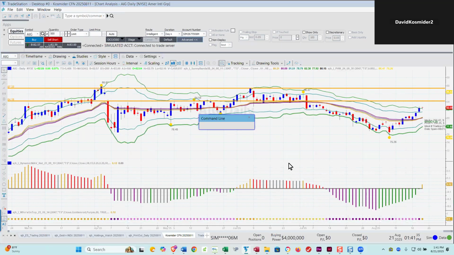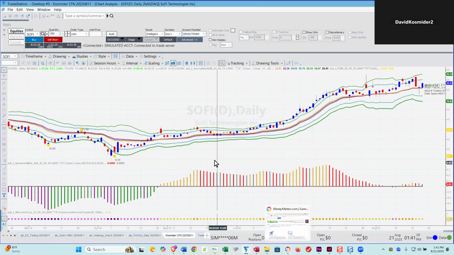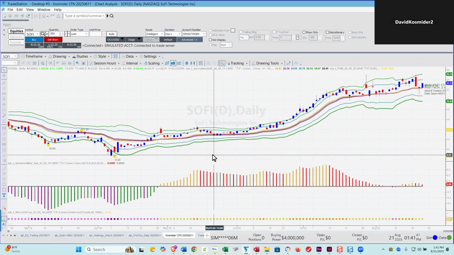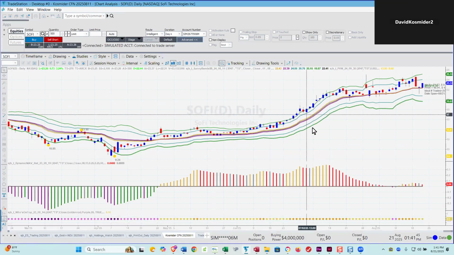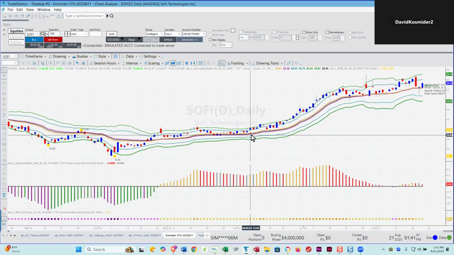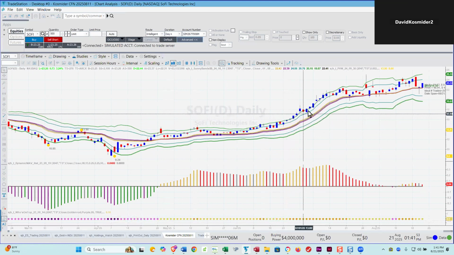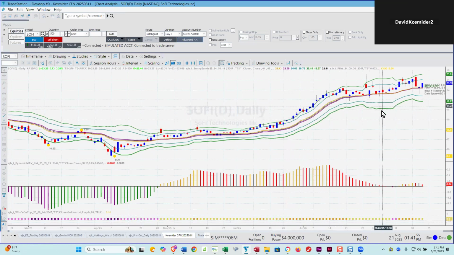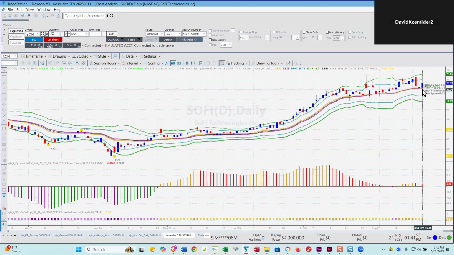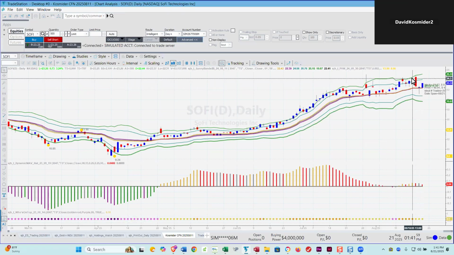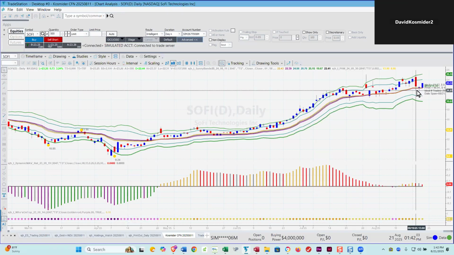Let's do SoFi. And this is SoFi Technologies. And this is just a long trade. This is just buy and hold. So we go up and we almost have a sell signal, but we only have one red bar.